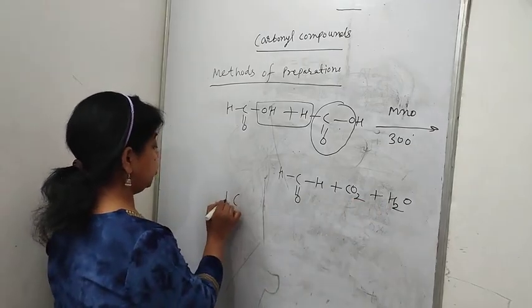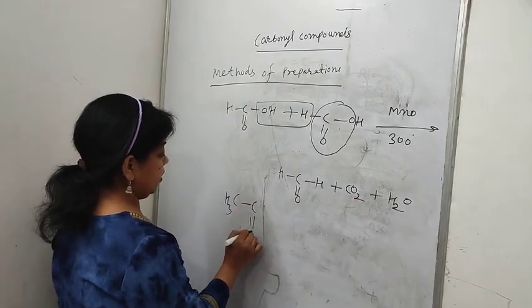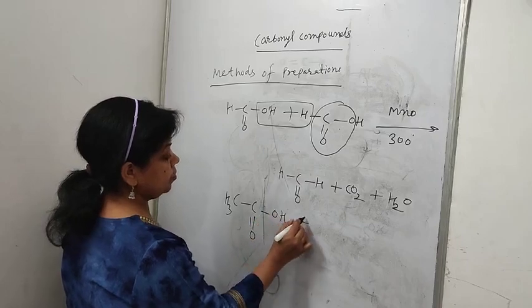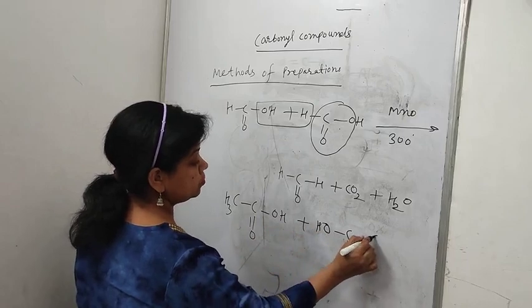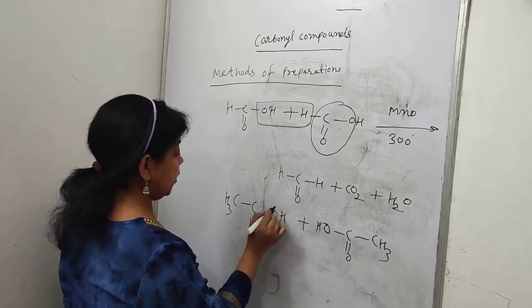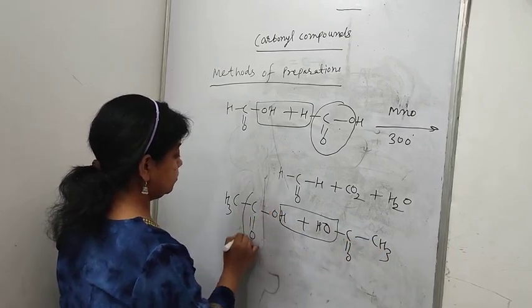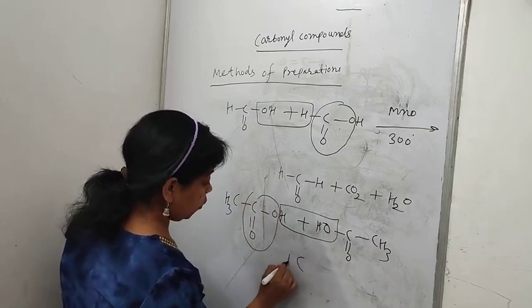Now, if we use CH3COOH plus CH3COOH, then you will be able to get ketone.